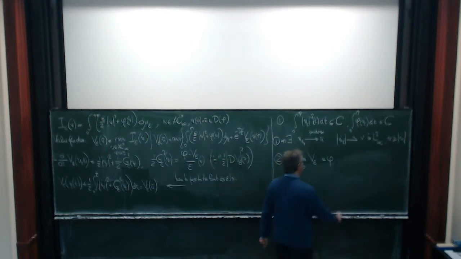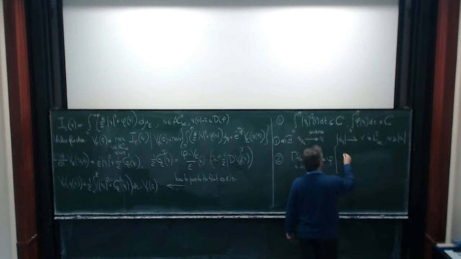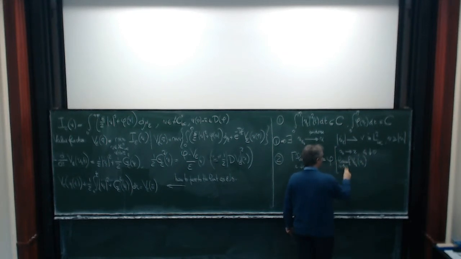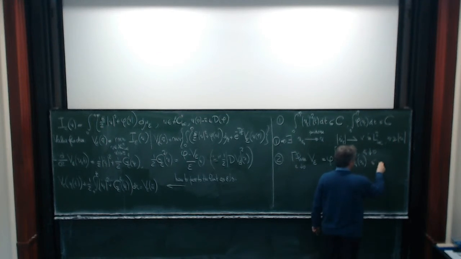This means in particular two things: that if you have a sequence of points xn converging to x, and a sequence of parameters epsilon n decreasing to 0, and you consider the liminf of v epsilon n on xn as n goes to infinity, this liminf is always bigger than phi of x.